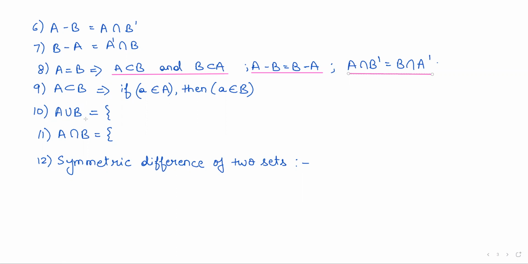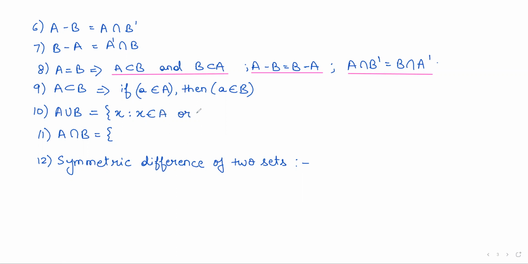10th formula, A union B. Now you can write this A union B in set builder form as the set of all X such that X belongs to A, or X belongs to B. It's uniting them.